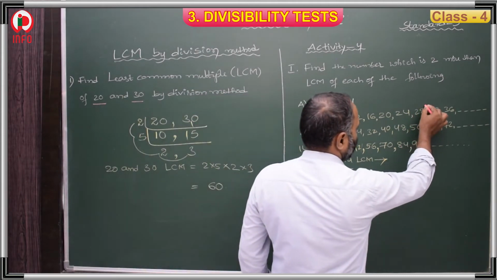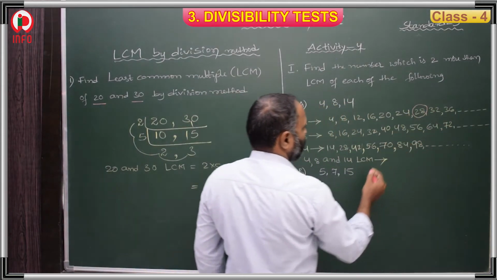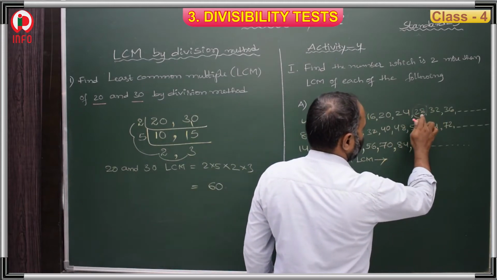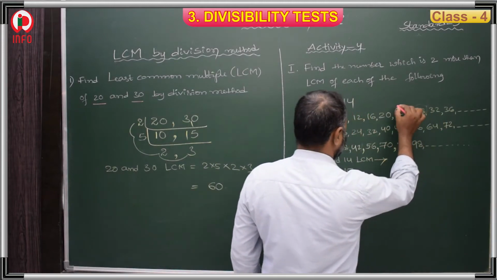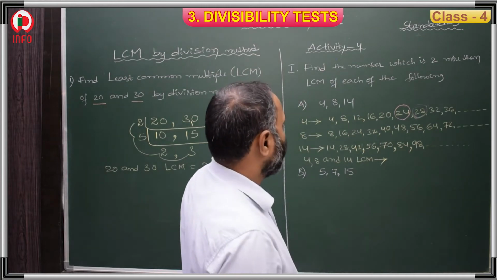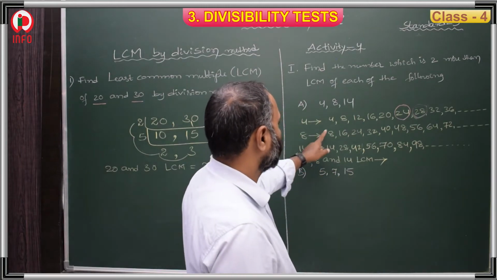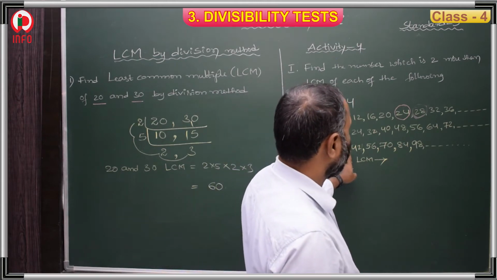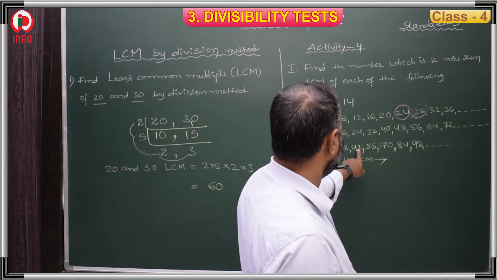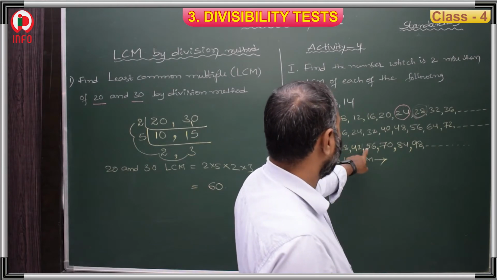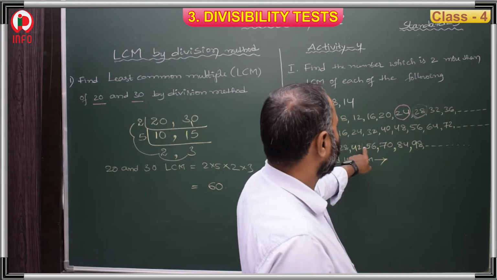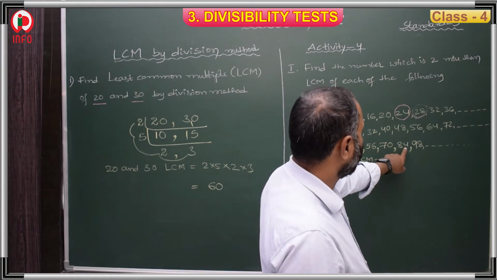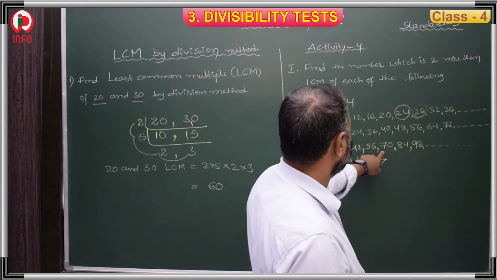Here 28 is there, but 28 is not there in the 8 table. 24 is there, but which one is common in all? In the 14 table we have 28, 42, 56, 70, 84, 98. There is no common one yet.